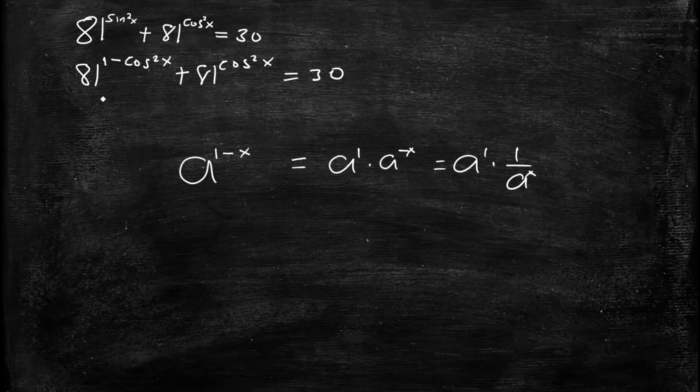So we can say 81 raised to 1 times 81 to the negative cos squared x plus 81 exponent cos squared x equals 30.